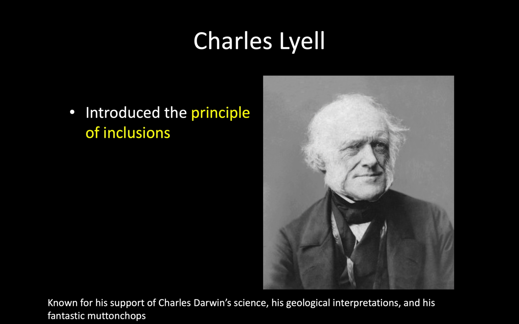All right, and now we've got the principle of inclusions. This is Charles Lyell. He is a major supporter of Charles Darwin. He was a major supporter of Charles Darwin's science, geologic interpretations, and obviously his fashionable haircuts. I'm sure most of you remember hearing about him during the evolution and phylogenetics lecture.